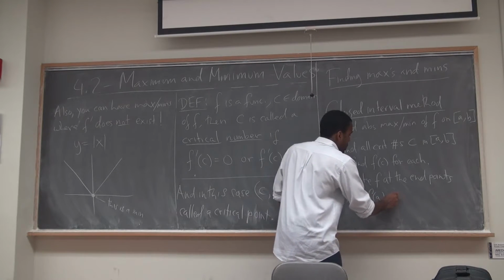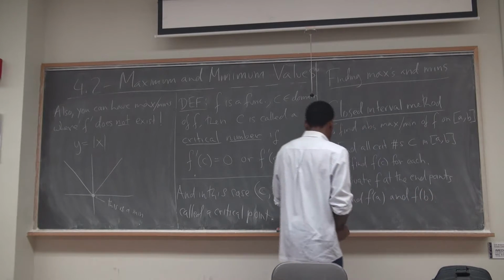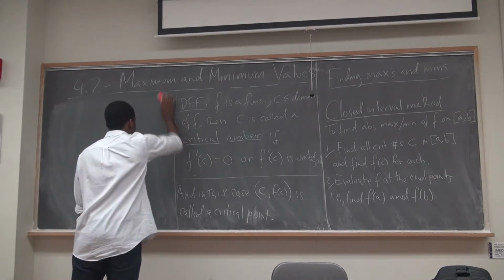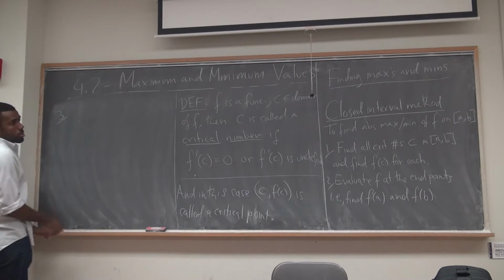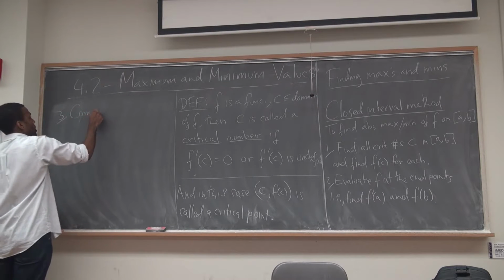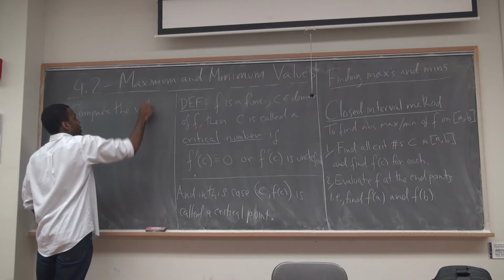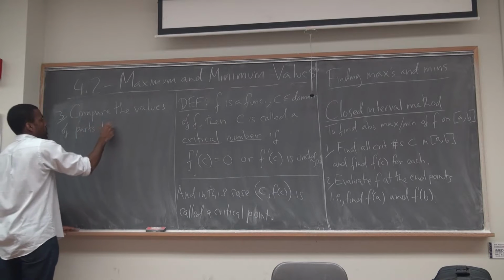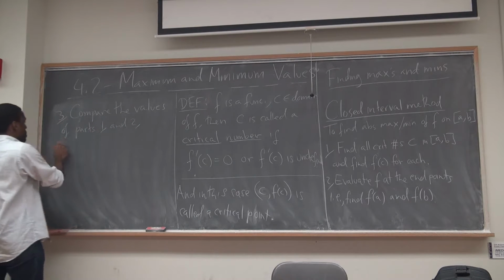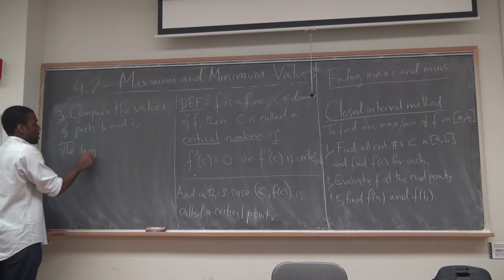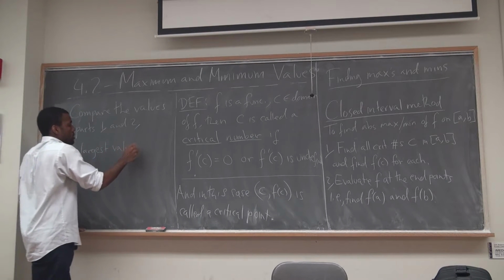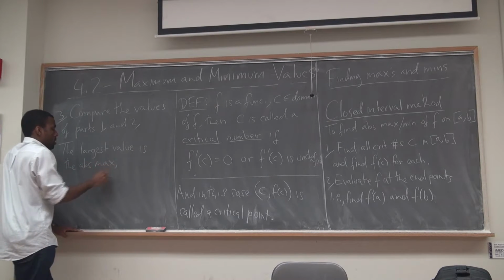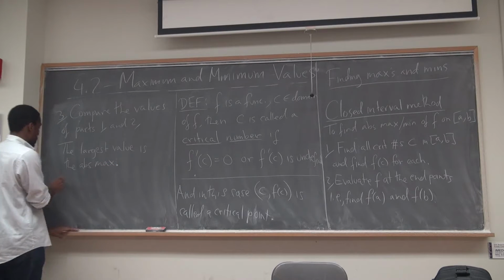Find f of A and f of B. Three, compare the values of parts 1 and 2. The largest value will be the absolute max. The smallest value would be your absolute min.